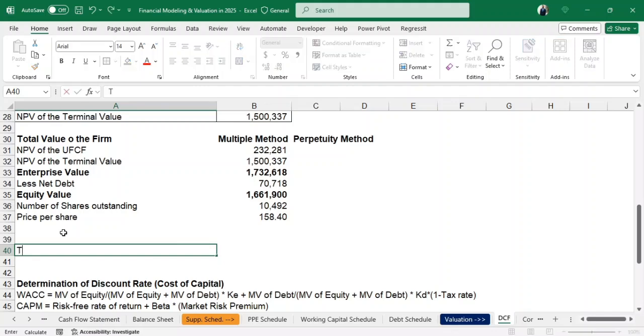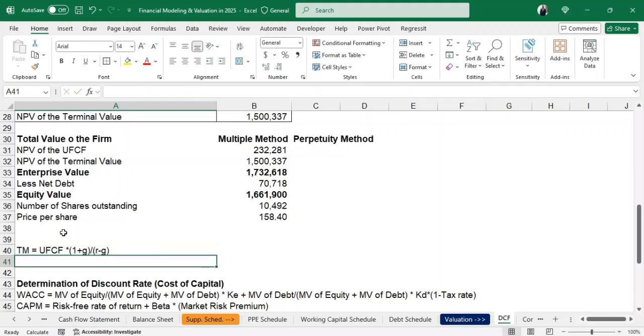And the formula is, so we have terminal value, I can just make it TV, is equal to the unlevered free cash flows multiplied by, I'll open bracket, 1 plus a growth rate, I'll close my parenthesis and divide it by, I'll open another bracket, my discount rate minus this growth rate. I'm going to explain this particular formula for you. So under the perpetuity, we use this particular formula to calculate the terminal value.